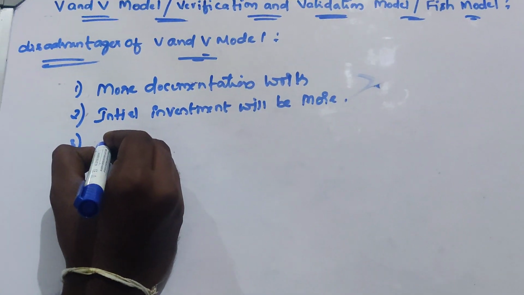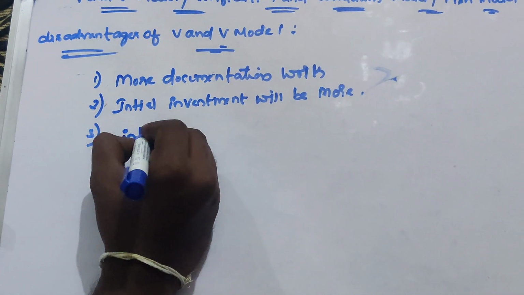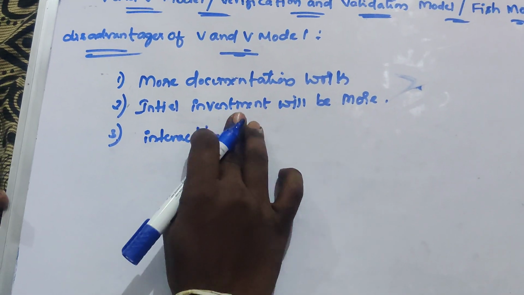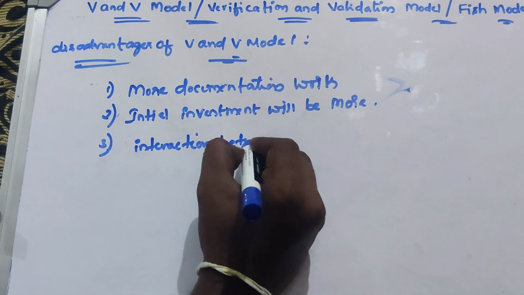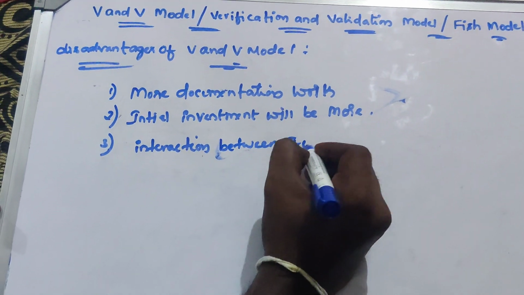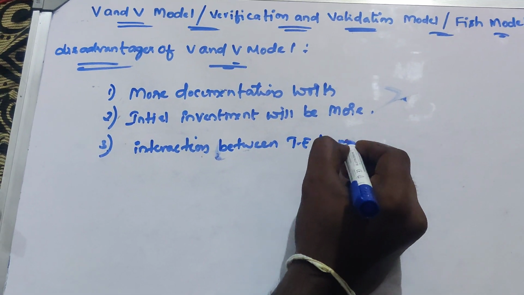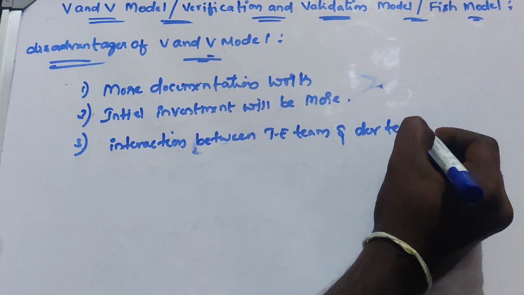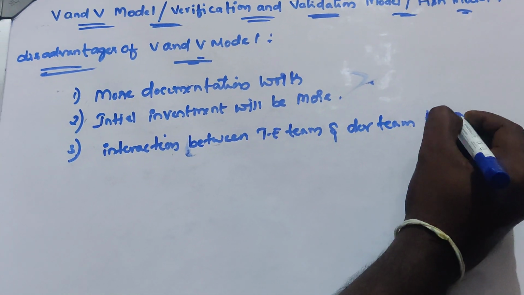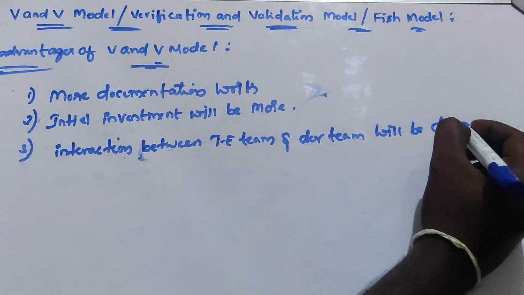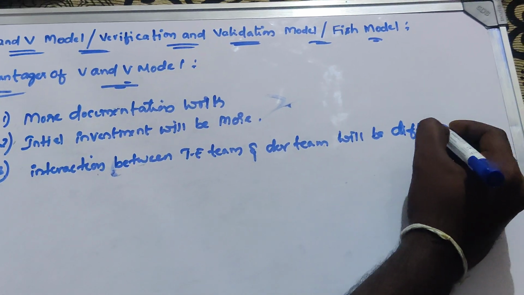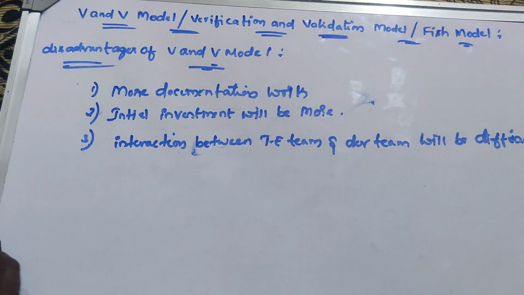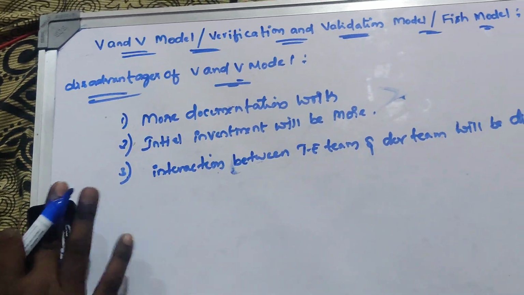So the interaction between the testing engineers team and the developers team will be difficult. These are the three disadvantages that we have in the VNV model.